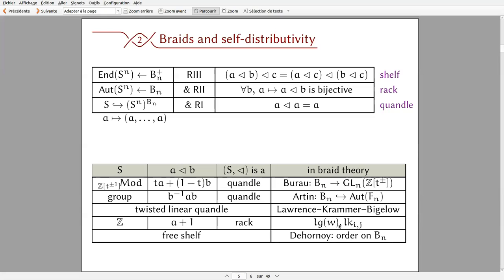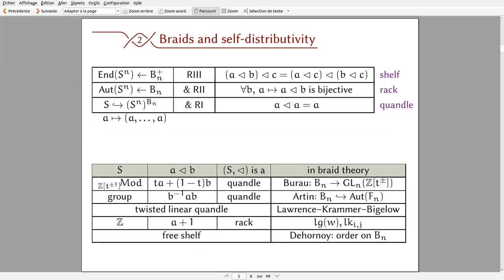Or if you modify this example a little bit, you will get the linking numbers for different strands. And if you take the free shelf generated by one element, you get actually a very complicated object. And this is interesting because it's very different from a free group. A free group on one element is something you understand very well.